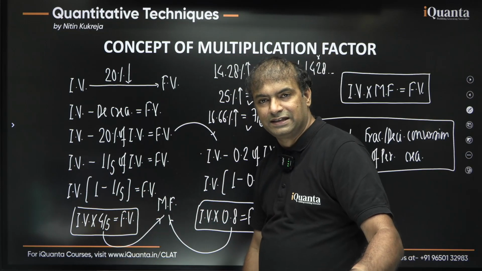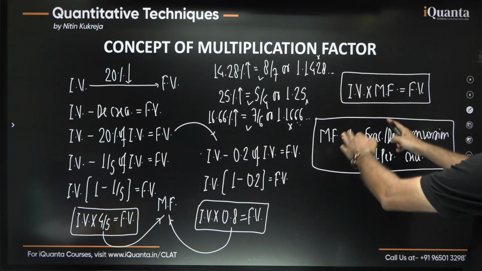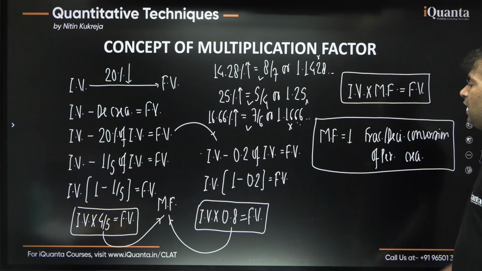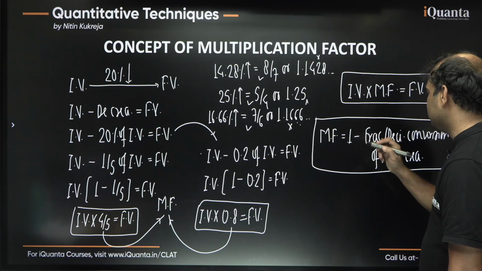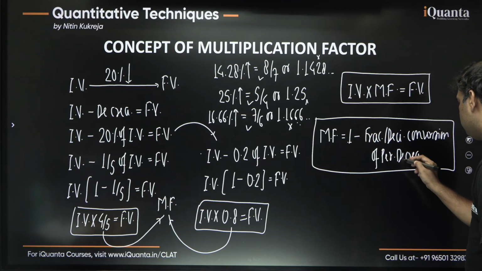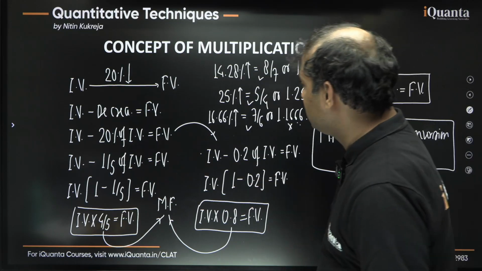Now, again guys, we can say initial value into multiplication factor is the final value. And how do we find the multiplication factor this time? We'll say this is 1 minus the fraction or decimal conversion of the percentage decrement.